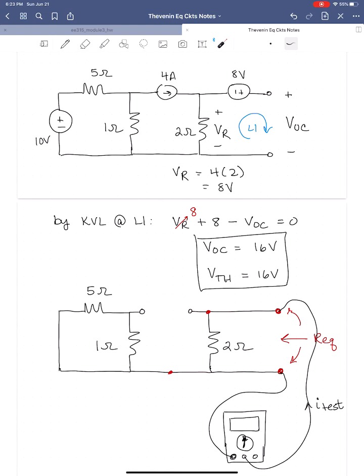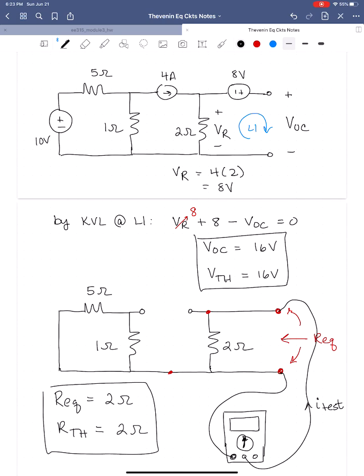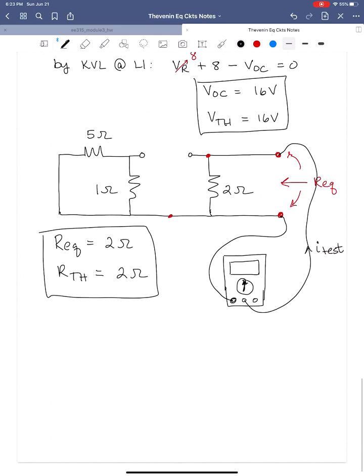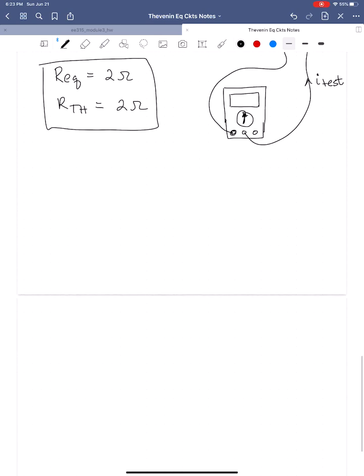So our Thévenin equivalent resistance is just the 2 ohm resistor. Our Thévenin equivalent resistor in our equivalent circuit is 2 ohms as well. All right, so now let's draw our Thévenin equivalent circuit.